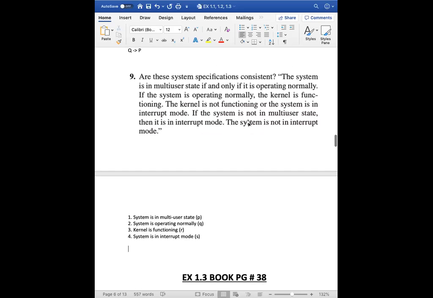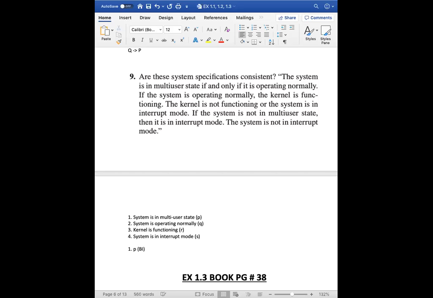So firstly, we have the statement: the system is in multi-user state if and only if it is operating normally. In order to represent this one, I will make use of the first statement, P, and then use the biconditional operator, because we have the words if and only if.